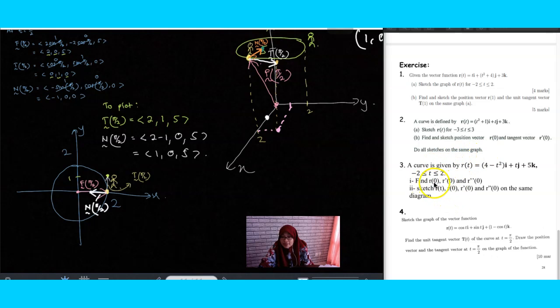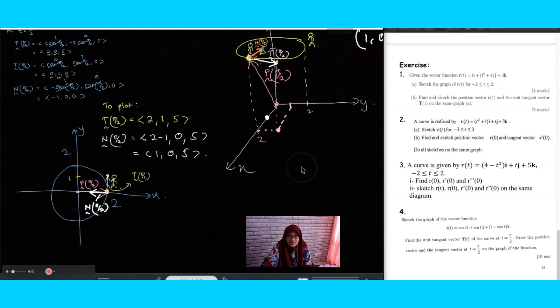And this one, find r at t equal to 0, r prime at t equals 0, and r double prime. Remember, r prime has the same direction as the unit tangent, and r double prime has the same direction as the unit normal. Then you have to sketch the graph. Remember, for r prime, unit tangent, tangent vector, and unit normal, you have to start from your position.